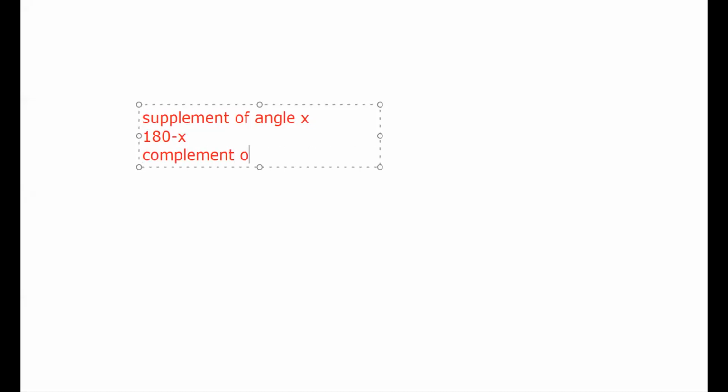Complement of an angle x is equal to 90 minus x. You will find this in today's video, but anyway, I wrote it again. Supplement of an angle is 180 minus x. Complement of an angle is 90 minus x. Understood? So now, 3 times 180 minus x.